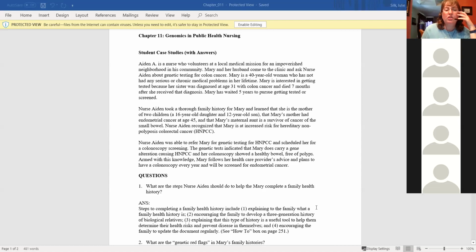Okay, so what are some genetic red flags in Mary's family history? All the cancers. Yes, for sure. How many different kinds of cancer does she have in there? It seemed like a lot. Yeah, it was like 3 or 4, I think. Anything else that jumped out to you about that?